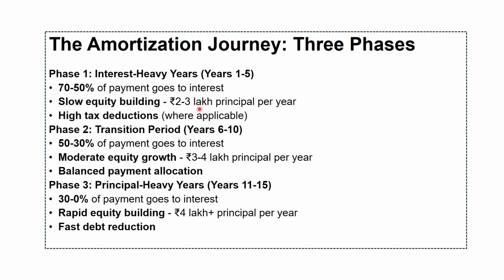Phase 2 is year 6 to 10, transitions to 50 to 30% of payment going to interest, 3 to 4 lakhs principal, and then balancing payments.